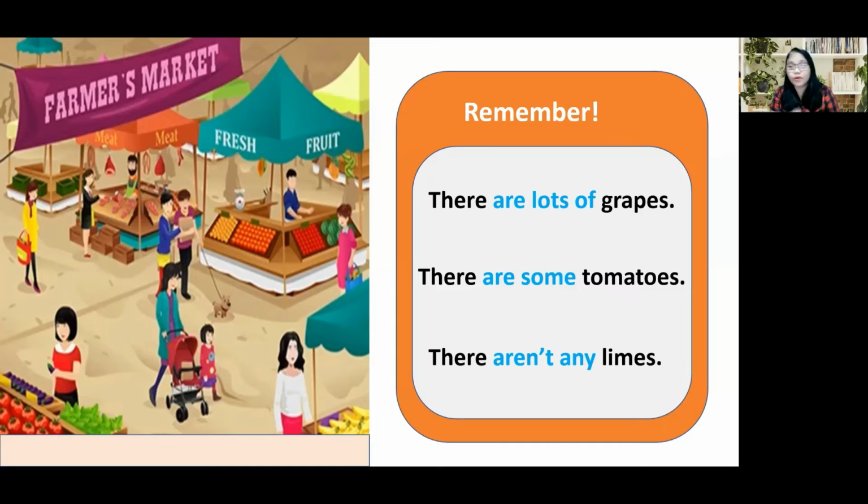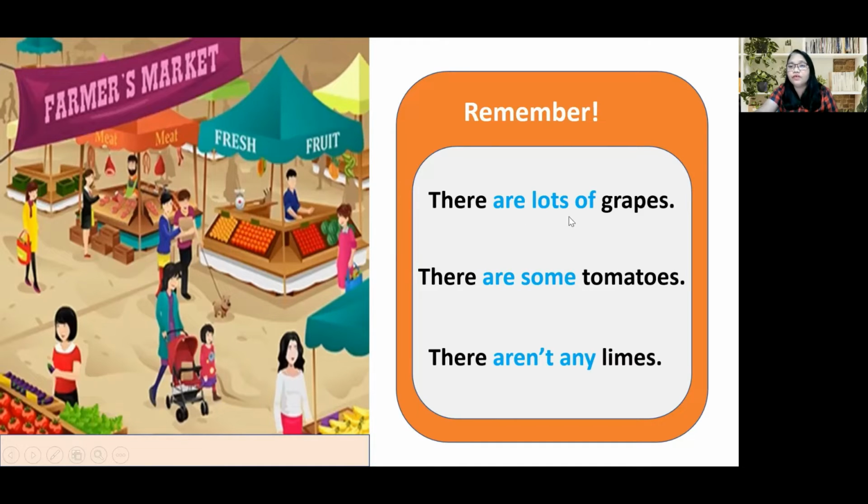Before we move on to our first vocabulary words, please remember that we are going to be using these phrases in our sentences later. There are lots of. When you say there are lots of, it means many, so many.